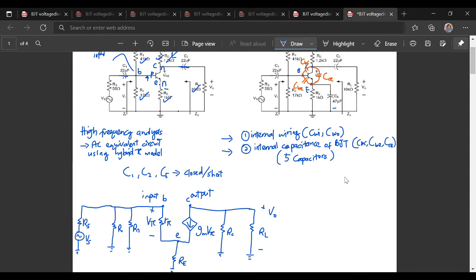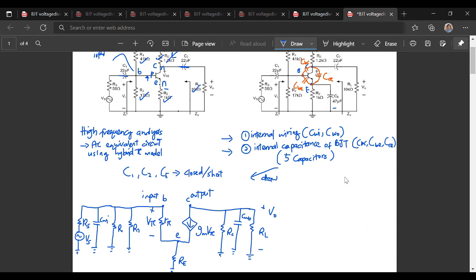Okay, and then we need to add these 5 capacitors into our AC equivalent circuit. We have C wiring input and C wiring output. So we draw C wiring input over there, C wiring output at the output, and the internal capacitances between the BJT junctions.